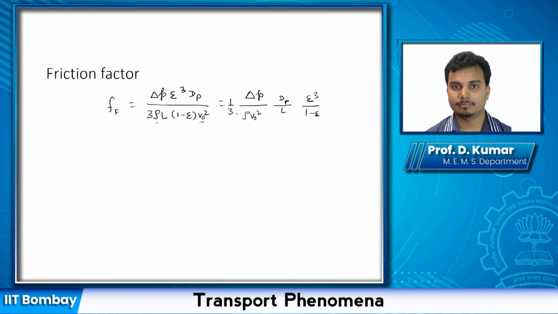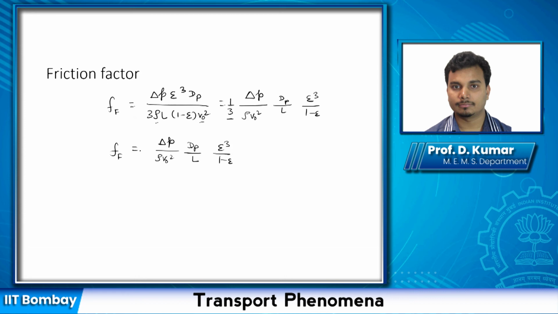Just for the sake of definition, we do not consider this 1 by 3. So the way we define F is just delta P by rho V naught squared, dP by L, epsilon Q by 1 minus epsilon.